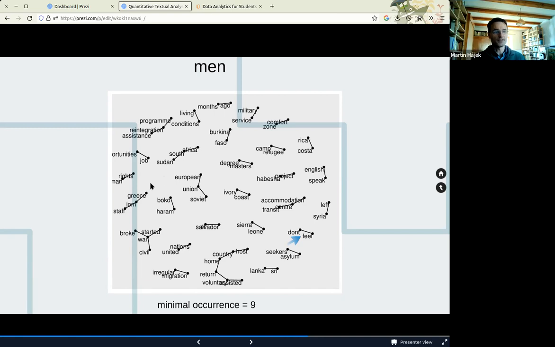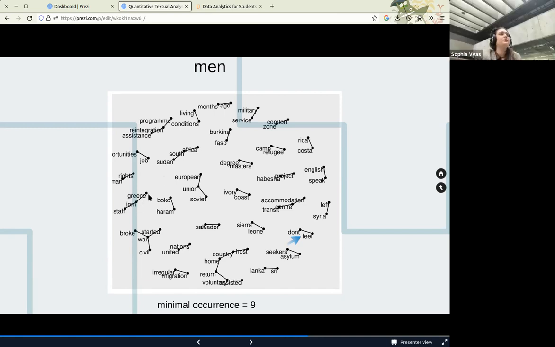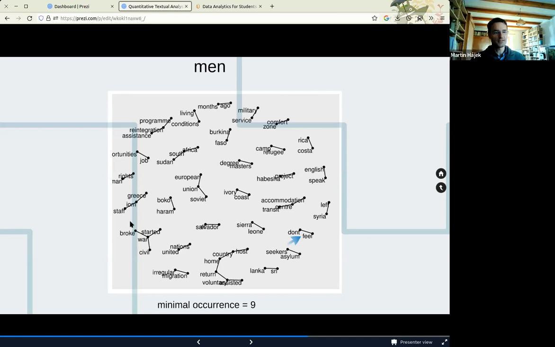Sometimes it makes sense. For example, we can see this war cluster: war started, war broke, civil war. They revolve around the same meaning of war, but it doesn't mean that the analysis put them together intentionally.